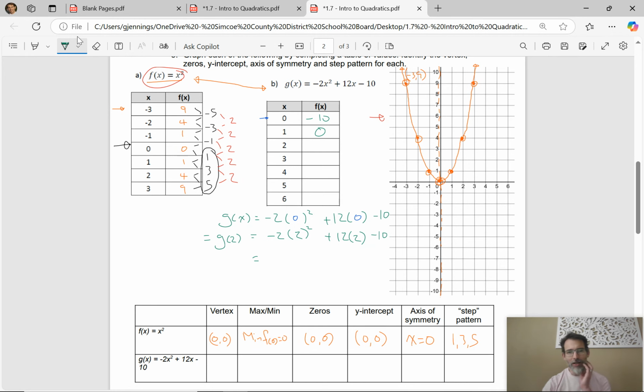So here, negative 2 times 2 squared is negative 8. 12 times 2 is plus 24, and minus 10. So that's 6. So this one is 6. So it got bigger by 10, got bigger by 6. I bet the next one gets bigger by 2. Okay, 3. So probably going to be 8 here, isn't it? So let's go ahead and put those things in.